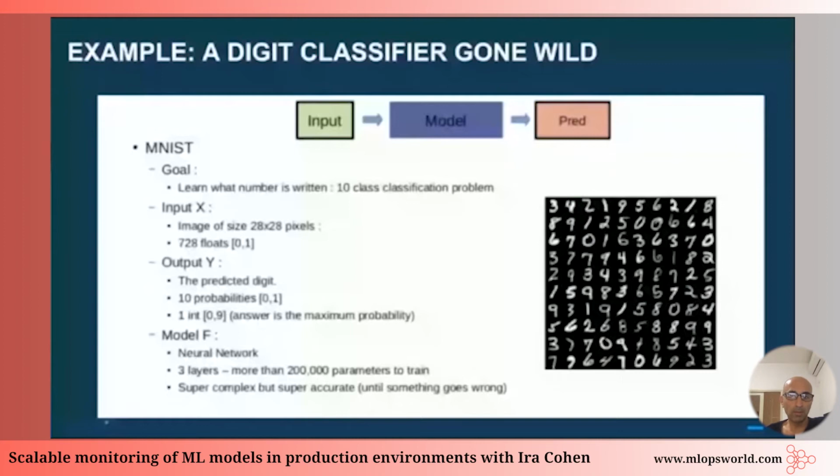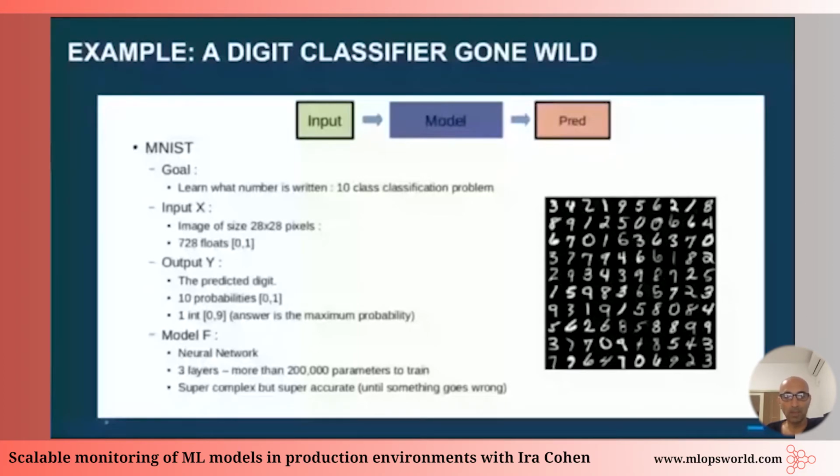So let's assume my problem is to produce a digit classifier, and I'm training a classifier that can identify 0 to 9 digits. This experiment is based on the MNIST data set, a very widely used data set. The input features are floats or doubles, so they're not discrete valued. There are 28 by 28 pixels in every image, so that's the number of features that we have. And the output is one of 10 classes.